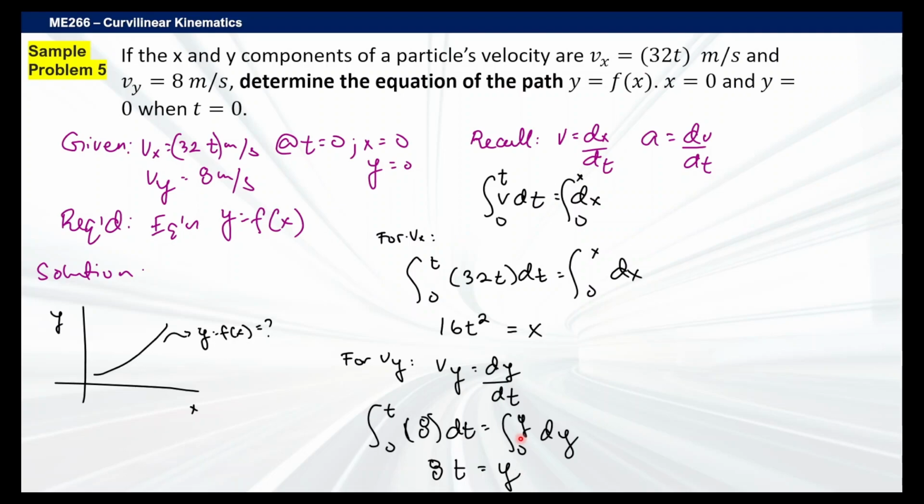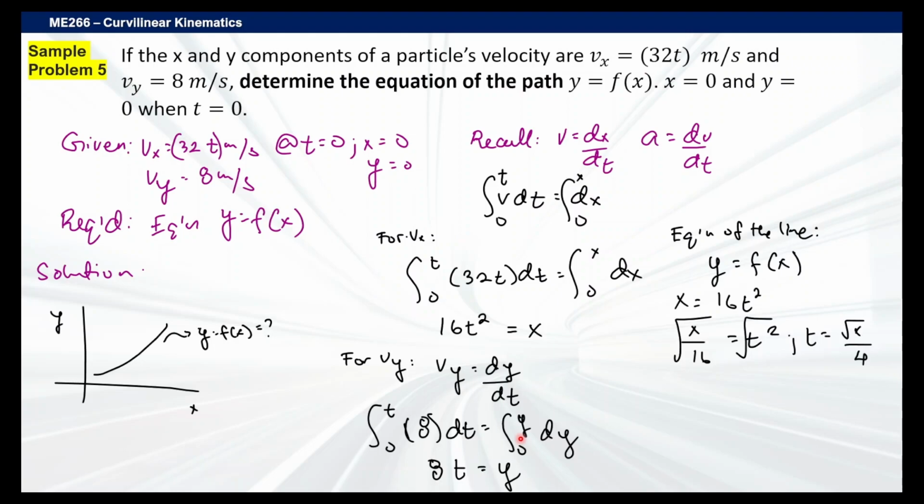So to get the equation of the line, which is y equals f of x, all we have to do is equate this, x equals 16t squared. We need to get t. So t here is basically the square root of x over 4. And we substitute that into y, and we will get y equals 2 square root of x. That's basically your equation of the line, which is y equals 2 square root of x.